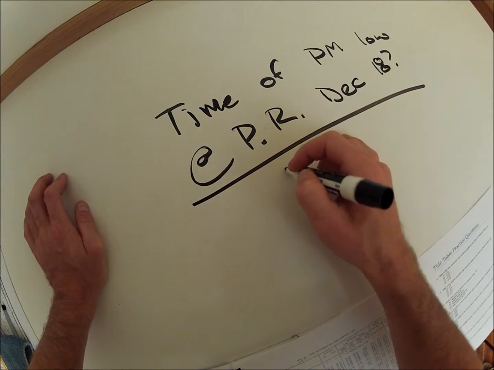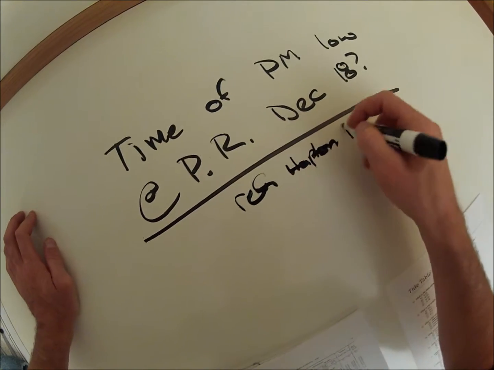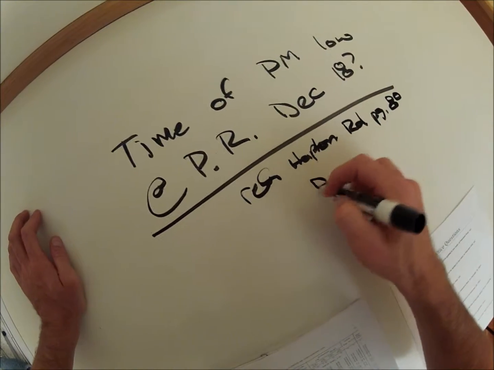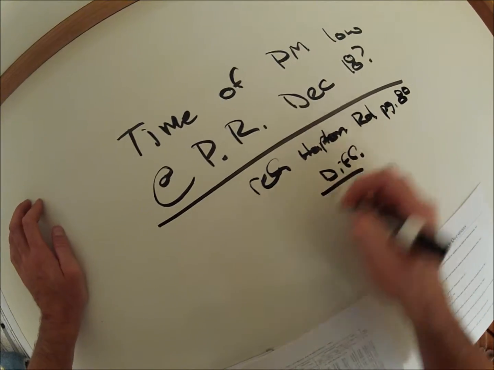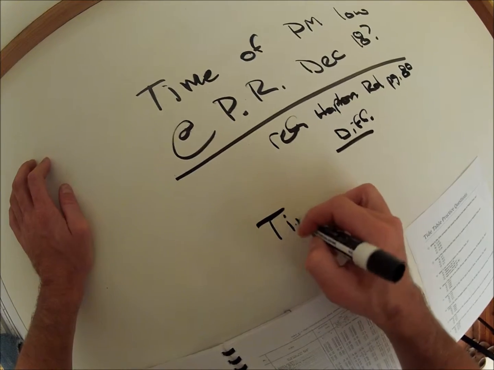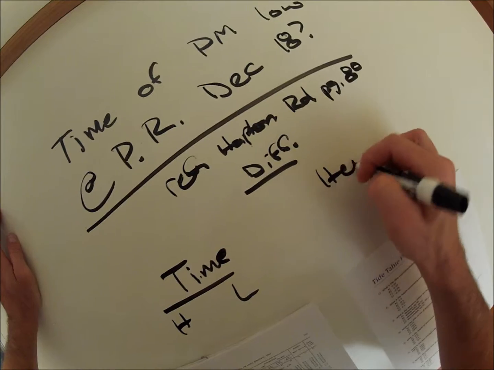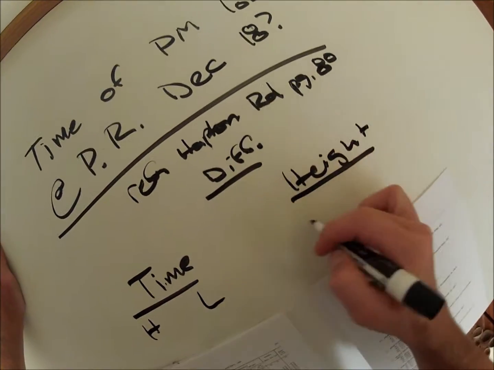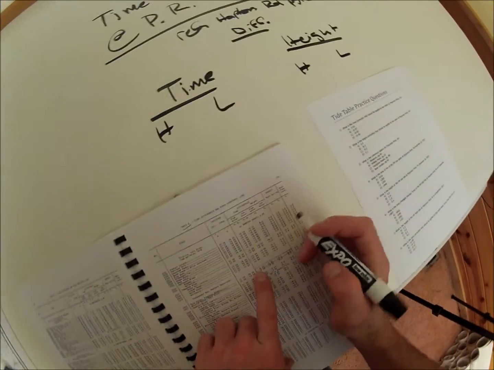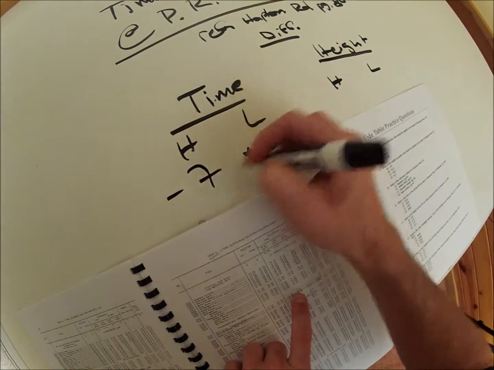Now I like to record the differences so I don't have to flip around. So the reference station is Hampton Roads, page 88. The differences of the time and the height, time, high and low, and height, high and low. So the time difference is minus 7 minutes and plus 1 minute.